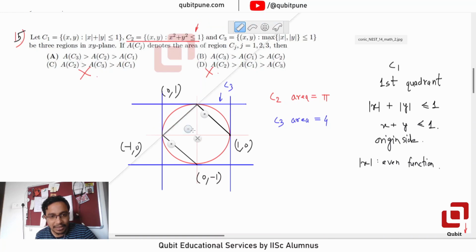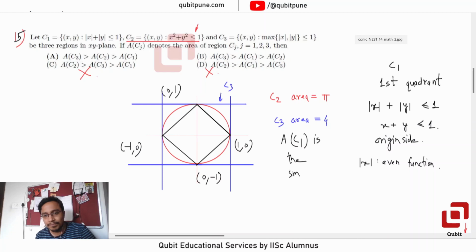So clearly its area will be smaller than that of the circle. Whatever that is, we are not interested in its value. A(C1) is the smallest. So clearly B can't be right, because here they are saying C2 is smaller than C3. So got it?